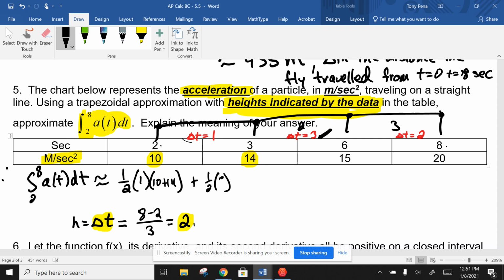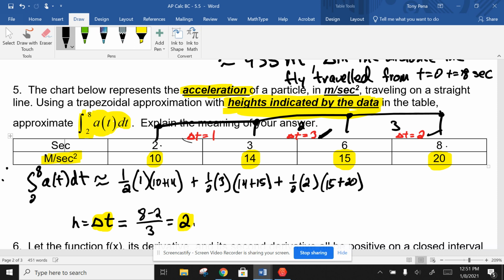That's our change in time. And its bases would have been that 14 again, along with the 15. So we do 14 plus 15. And then our final one, the third trapezoid, has the 1/2 that we have to have. Its height, though, is 2, because that's its change in time. And then its bases would be 15 and 20.